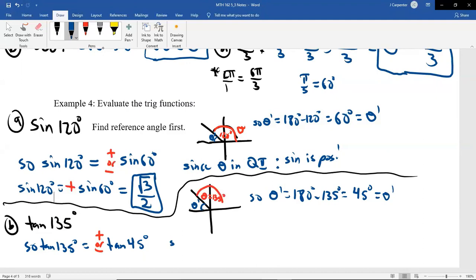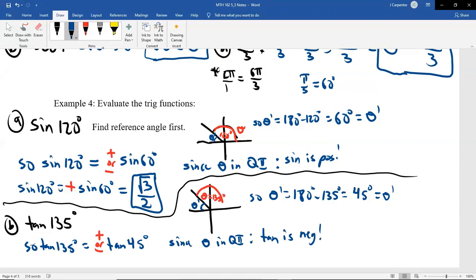So since our original angle is in quadrant 2, that makes the tangent, is it positive or negative? We're in quadrant 2. Tangent is the ratio of y over x if you're thinking about it that way. Y is positive, x is negative, so that ratio would be negative.